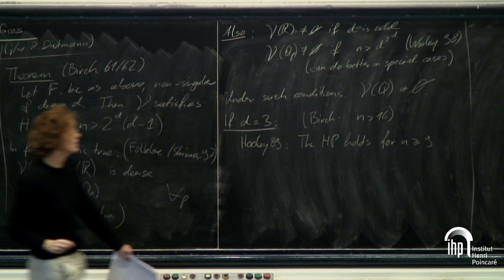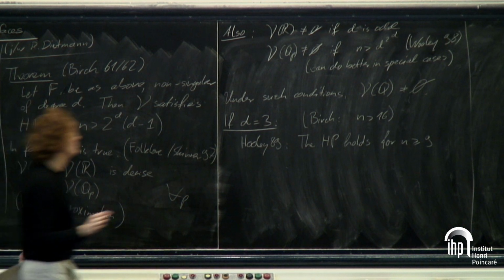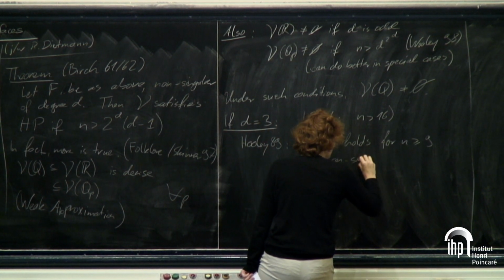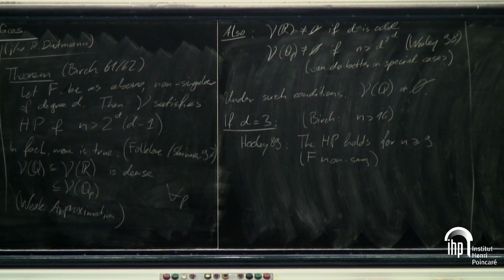In 89, he showed that if the form is non-singular, the Hasse principle holds in as few as 9 variables, which is better than Birch. And Heath-Brown before showed 10 in 83, if I'm not mistaken. And then Wooley, that's the best known in this generality.